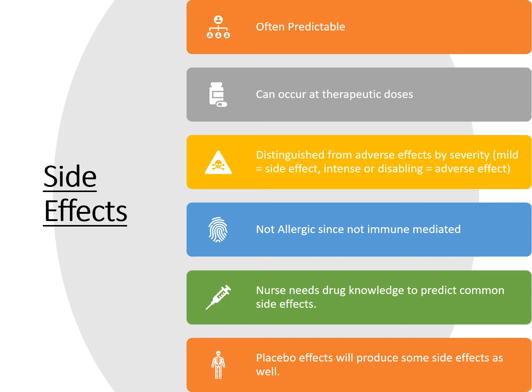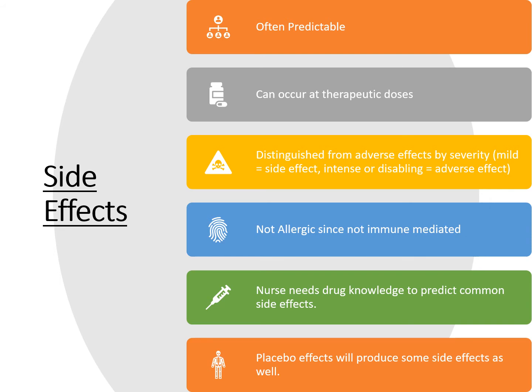Okay, so this next slide, a very nice slide on side effects. They're predictable, and can occur at the typical dose that you would use that drug at. They can be distinguished from adverse effects in terms of severity. A side effect tends to be relatively mild. Say, for example, you get a bit of diarrhea from taking amoxicillin, which is a penicillin antibiotic. Does it mean you need to stop the antibiotic?